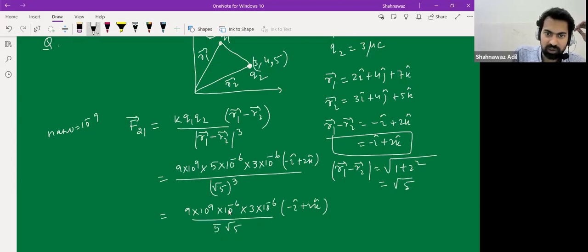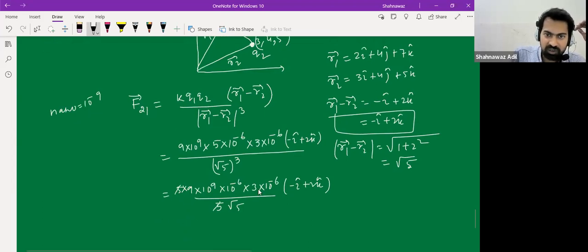The 5s cancel, and we have 27 by root 5, 10 to the power minus 9 and minus 6, minus 12, so 9 minus 12 would be minus 3, times minus i plus 2k. Understood, sir? So this would be the force.